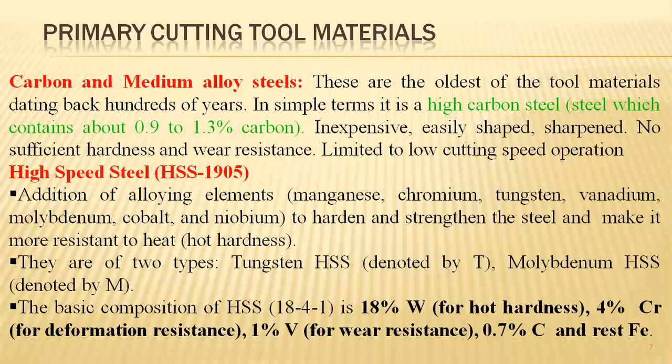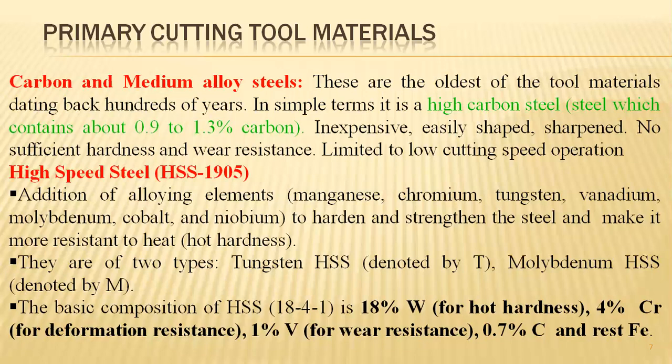That makes this material resist heat conditions or heat confined zones. For this, there are two types. The first one is tungsten HSS, denoted with the letter T, and the second is molybdenum HSS, which is denoted with the letter M.